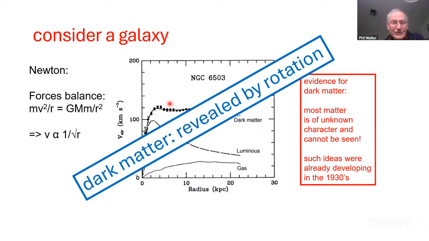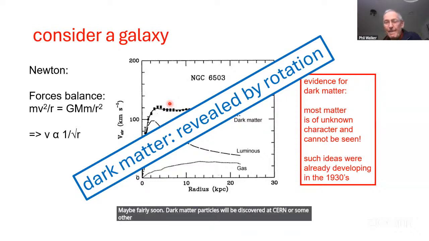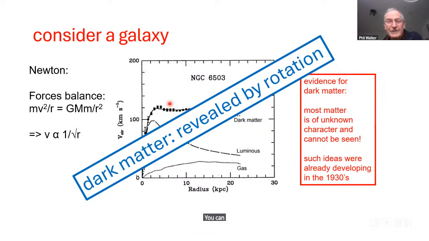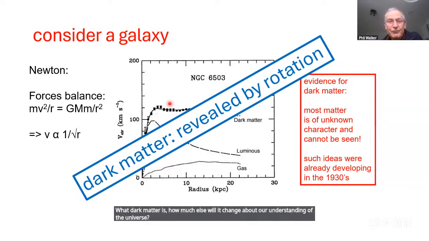Maybe fairly soon dark matter particles will be discovered at CERN or some other laboratory, or by some other method, but it remains one of the big puzzles of physics today. And you can wonder, when it is worked out what dark matter is, how much else will it change about our understanding of the universe?